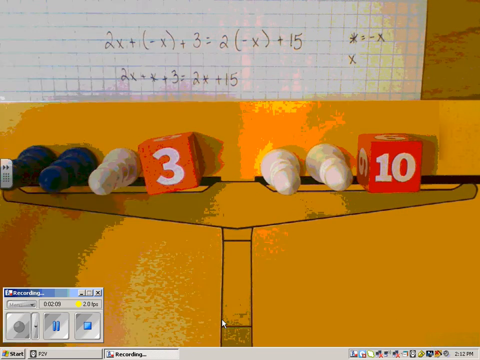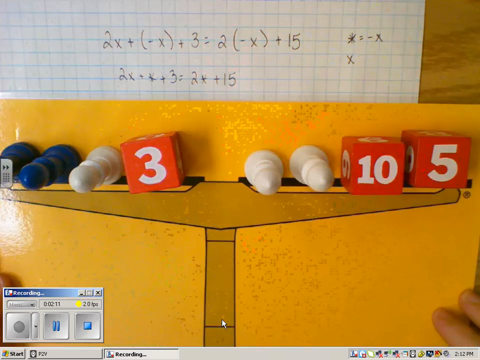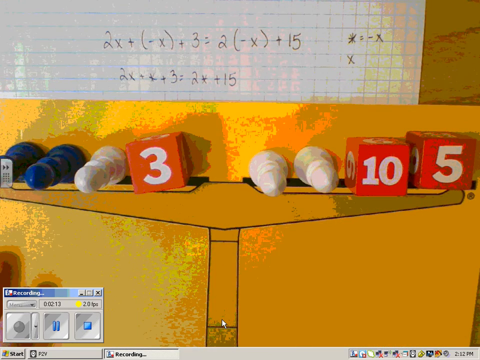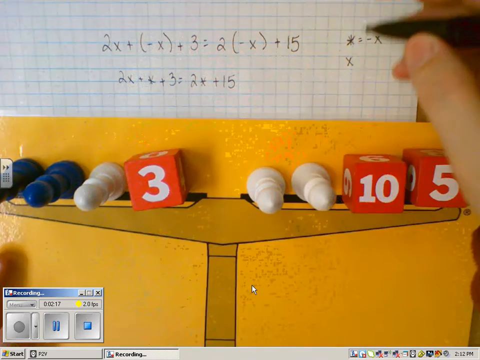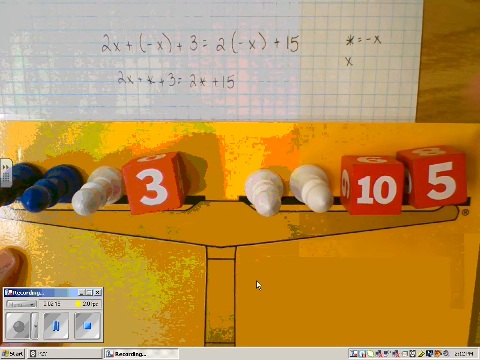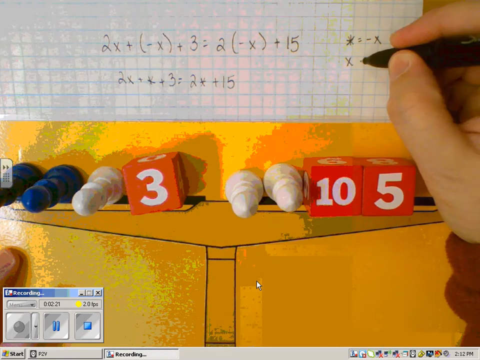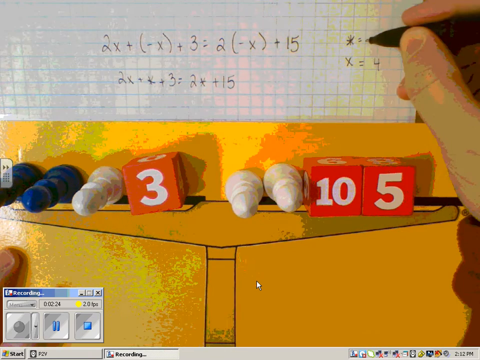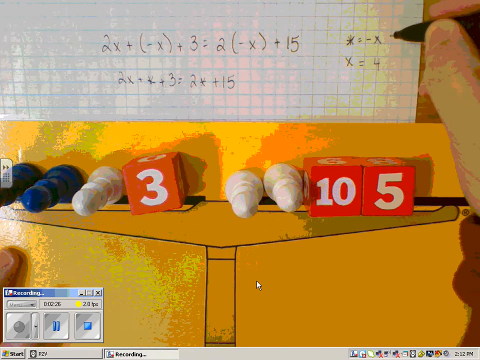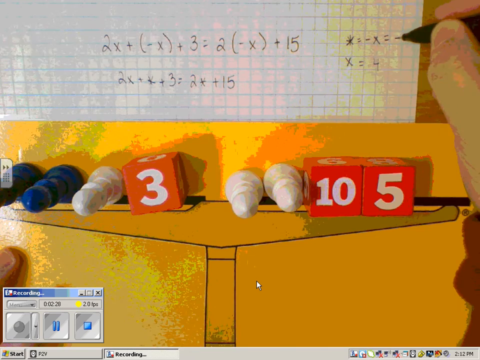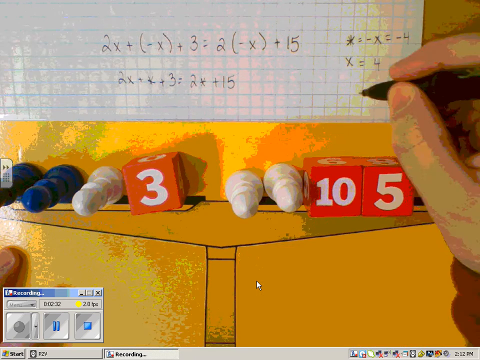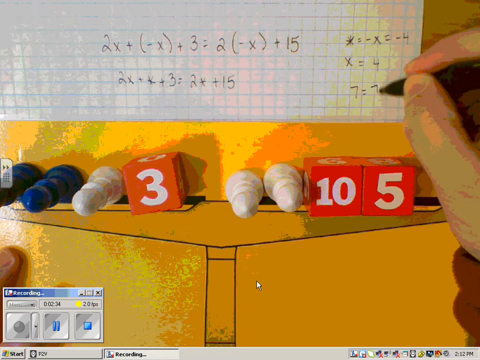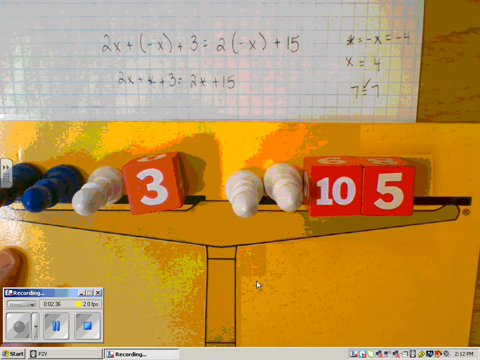I'm not going to take you through the legal moves, because you should already know them, but you should end up with x. X equals 4, or star, and negative x would then equal negative 4. And your check, you should get that 7 equals 7. And yes, that is true.